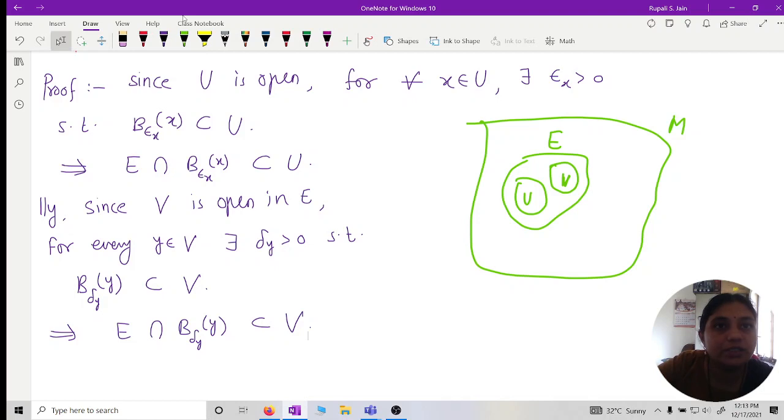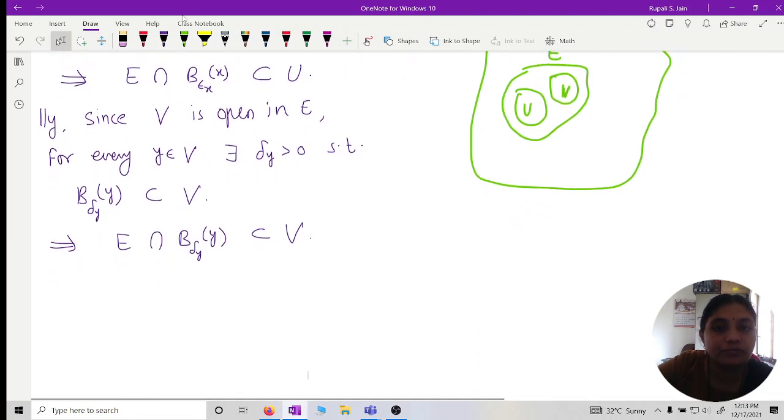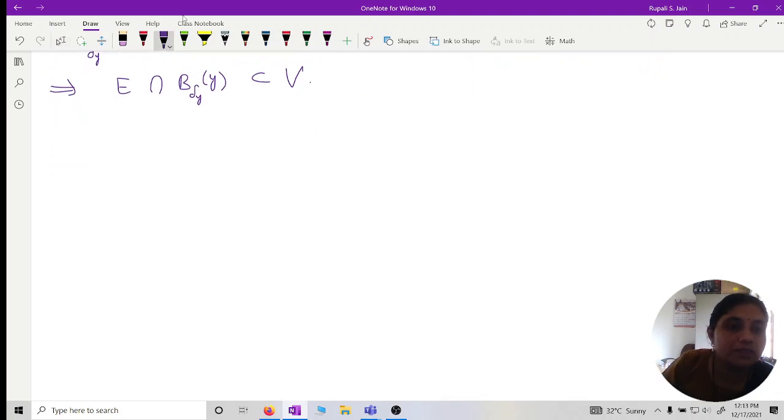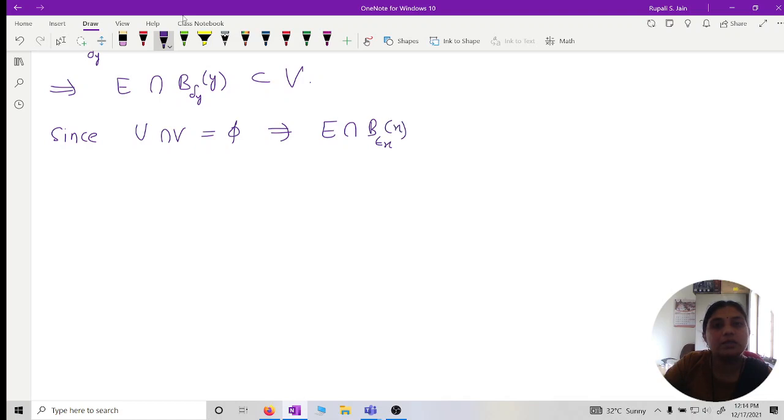Now what is U intersection V? U and V are open sets, they are disjoint. Since U intersection V is empty, what does this imply? E intersection B epsilon x and B delta y must be empty, right?